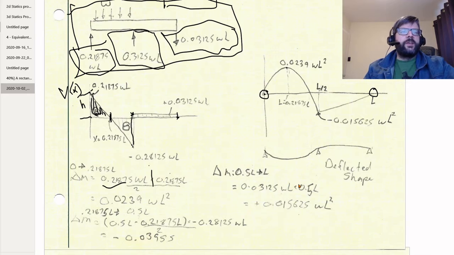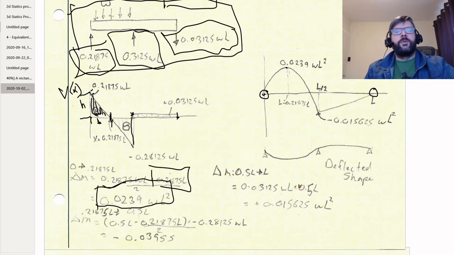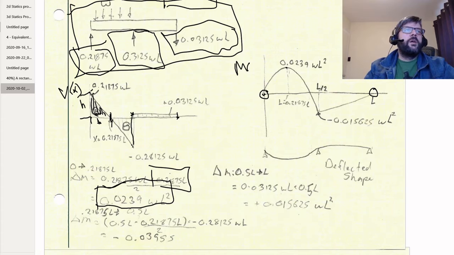And then the base of that triangle is 0.21875 L. And then divide that by 2 to get our change in moment. So going from there to there, we get 0.0239 WL squared. So that is the magnitude of our moment at this point here.